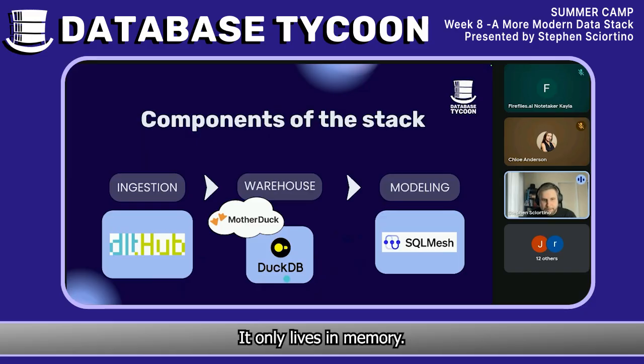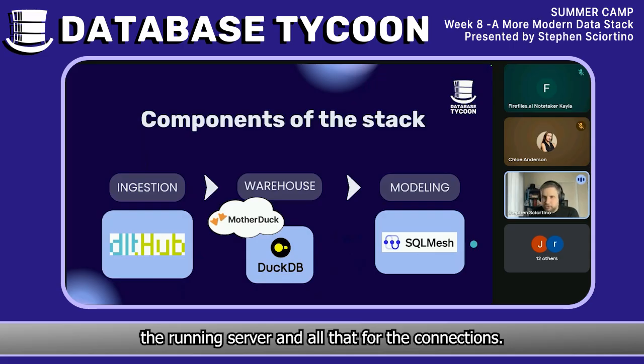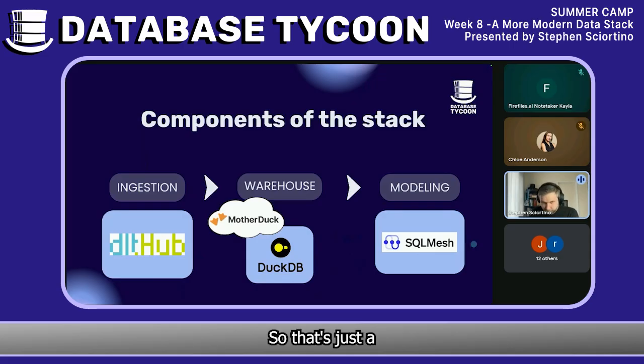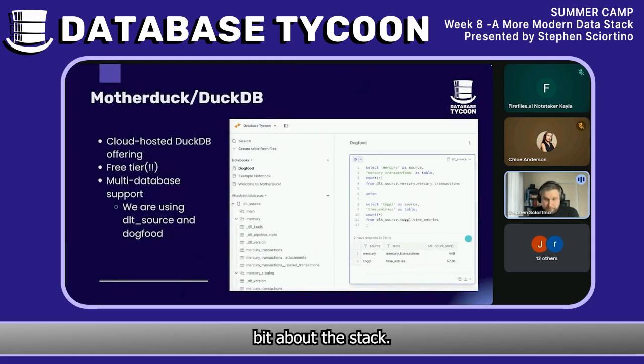It only lives in memory. It's like SQLite. And so hosting it and running a real warehouse on DuckDB is basically a non-starter unless you have something like MotherDuck that's going to host it for you and act as the running server for the connections.